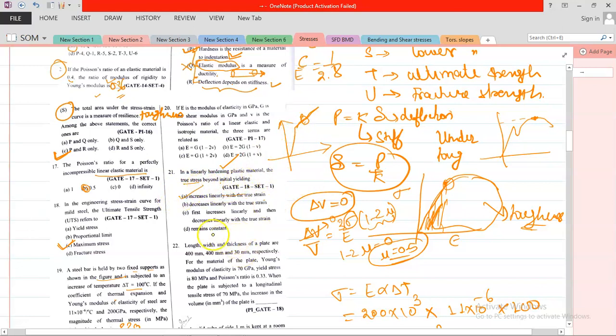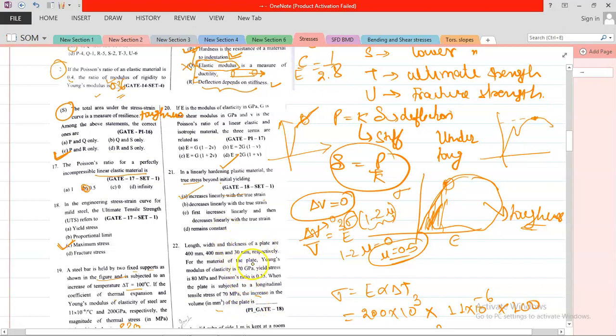Now the next question. The length, the width and thickness of a plate are given. The modulus of elasticity, yield stress and Poisson's ratio are given. The question is to obtain the increase in volume.